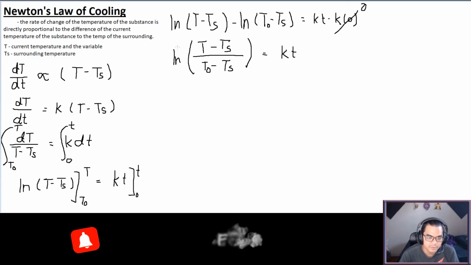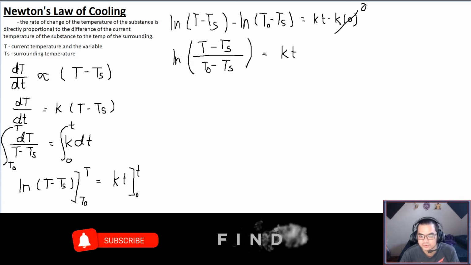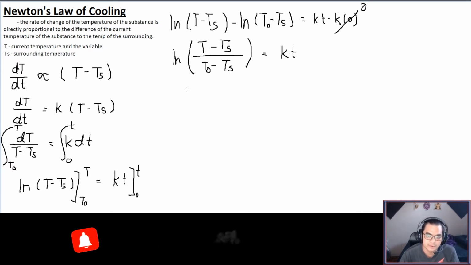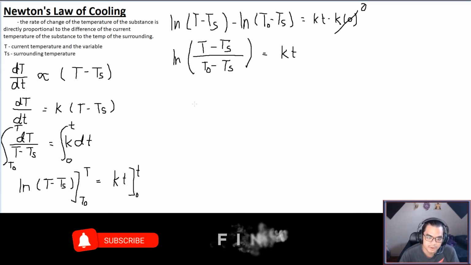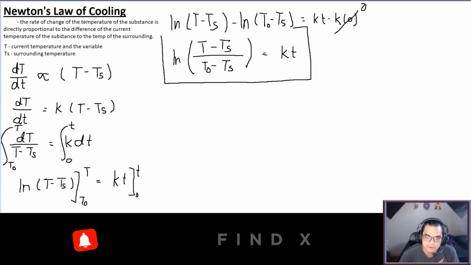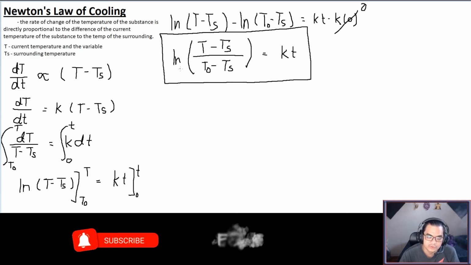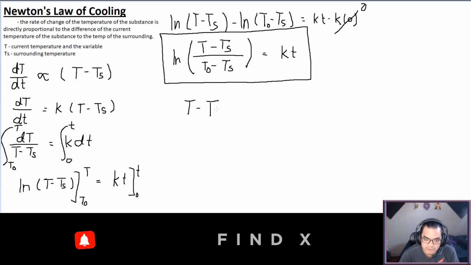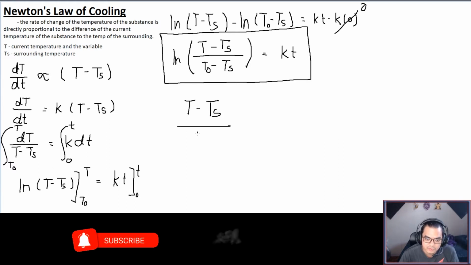Now, if I want to eliminate ln here, all I have to do is just take the e of both sides. However, I'm already happy with this form, but you can also do that. Okay, so you can have this one. This is the formula for Newton's law of cooling, or if you want, you take the e of both sides and you can have this one.